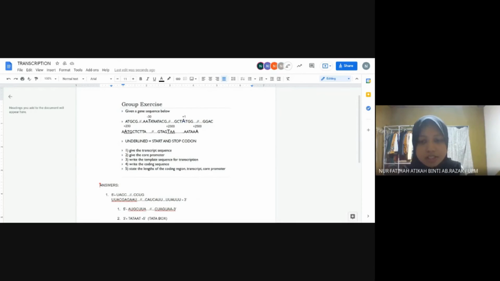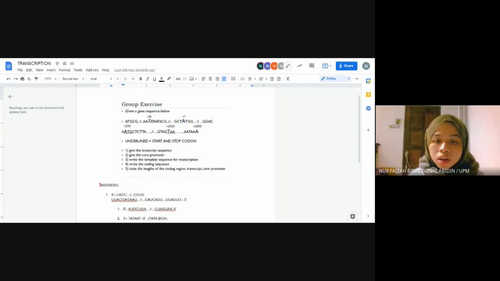Coding region is the same as coding sequence, right? Or is it not the same? I think it's the same, it just uses the term region instead of sequence. It is the same, but the terms are different.